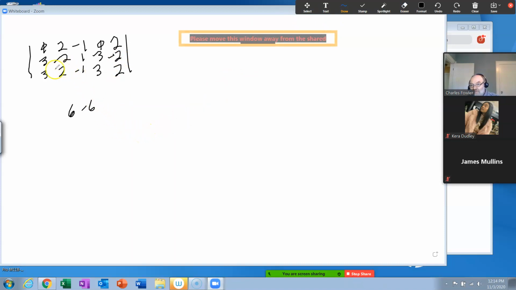That's going to be a -6, this is going to be a 0, and that's going to be a +6. And sure enough, they add to 0. 0 plus 0 is 0.